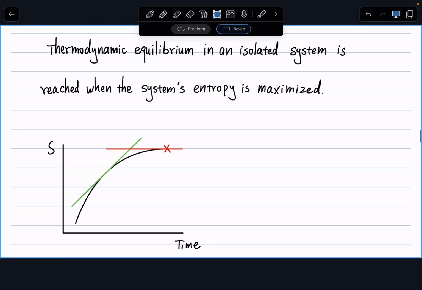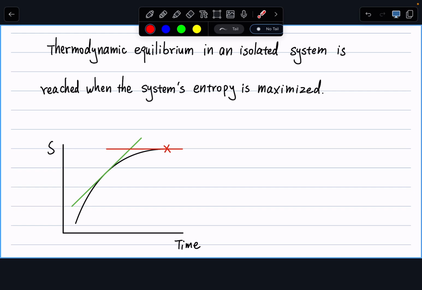This is a common misunderstanding, so I want to go very slow here and try to rationalize it. The thermodynamic equilibrium in an isolated system is reached when the system's entropy is maximized. So the entropy S is maximized when we reach equilibrium.